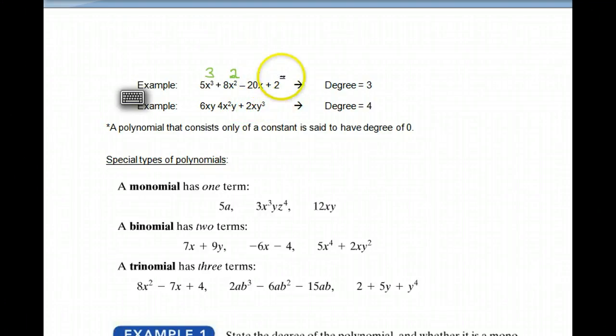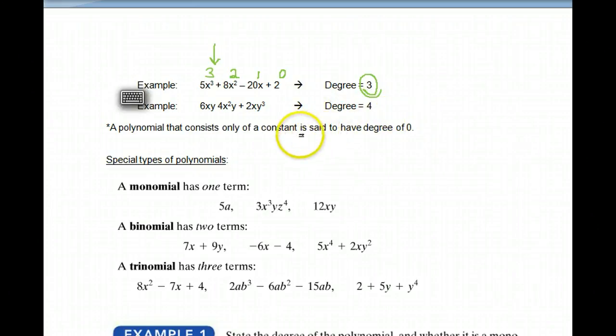And then the last term is just a constant. There's no variable associated with it, so its exponent would be 0. So the degree of that term is 0. So the largest degree that we identified was a 3, which means that the degree of the entire polynomial is 3.